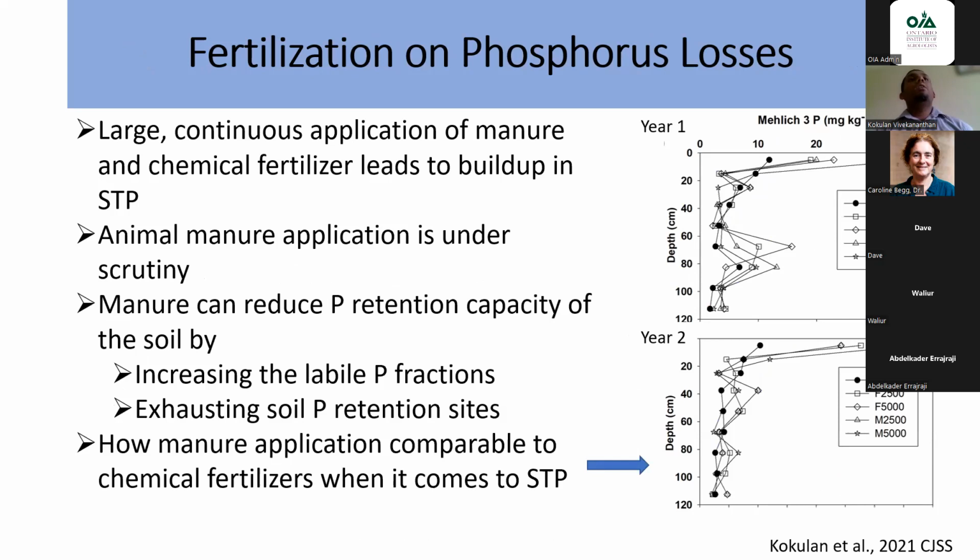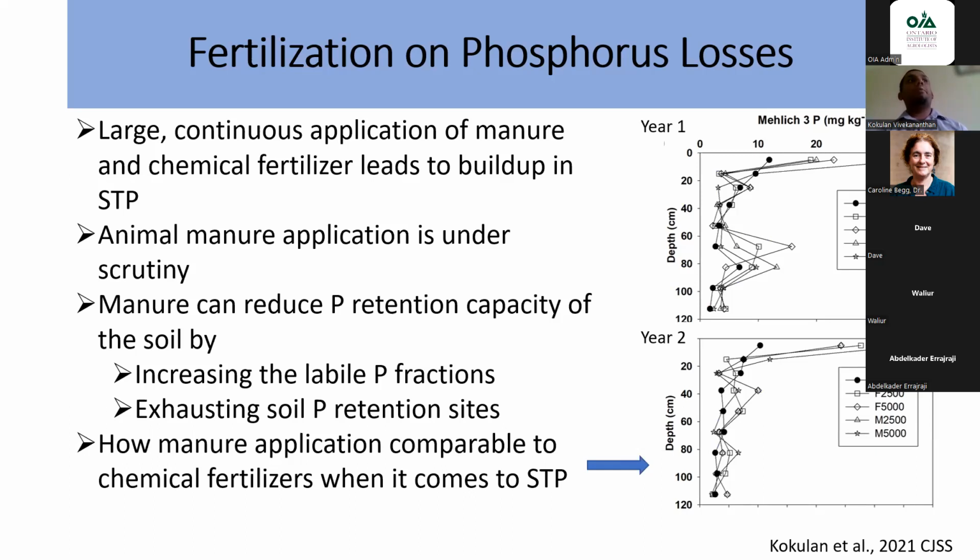Next, we look at the effect of fertilization on phosphorus losses. Large continuous application of manure and chemical fertilizer leads to a buildup in the soil test phosphorus, STP. Among these fertilizer and manure sources, animal manure application, especially swine manure application, is under scrutiny these days.